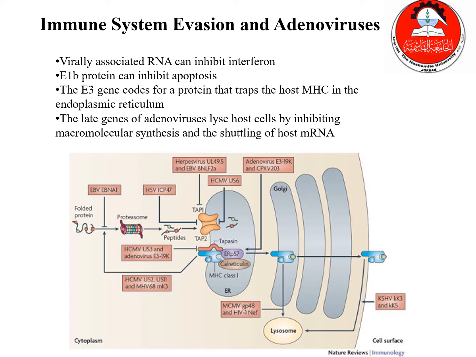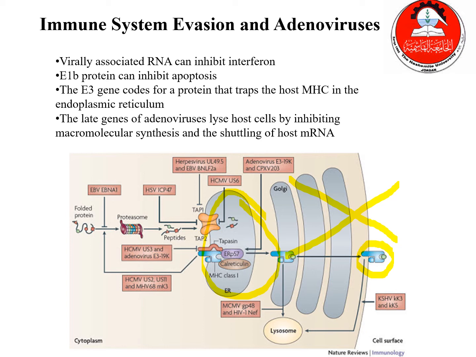But if the host major histocompatibility complex gets trapped inside the endoplasmic reticulum, then the antigen is not going to be presented on the surface of the cell, and the immune system is not going to be able to know that this cell is infected with the virus.